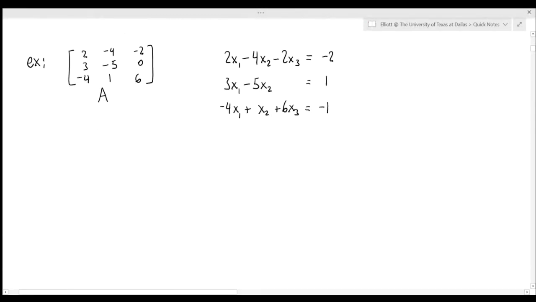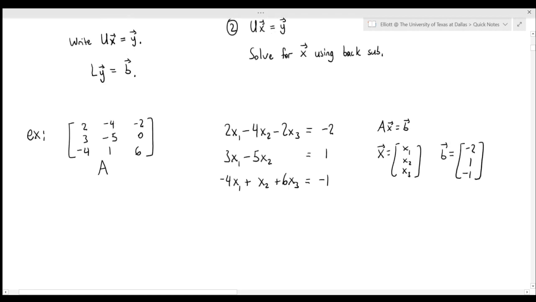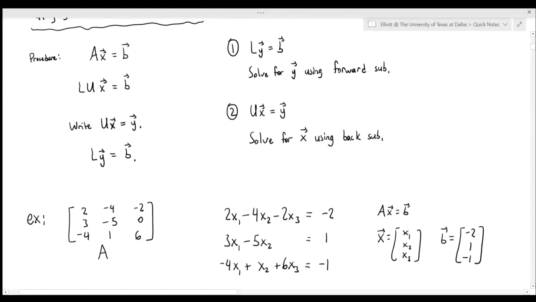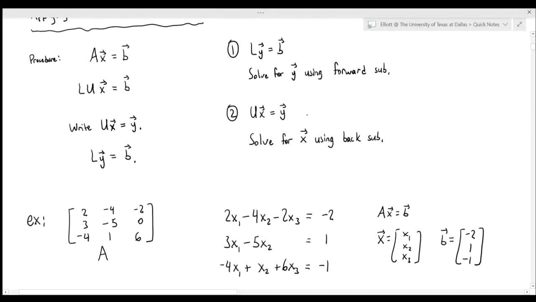All right. And so we want to solve the system of equations. Of course, we can write it in the form Ax = b, where x was the vector of unknowns x1, x2, x3, and b is the vector of the right-hand side. And I'm going to solve the system of equations using this procedure.